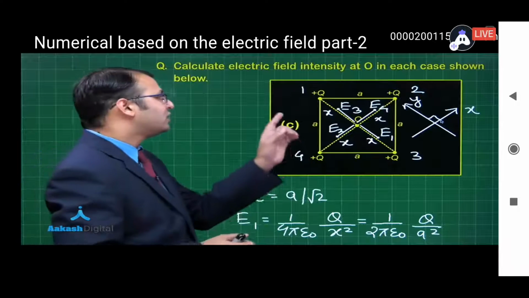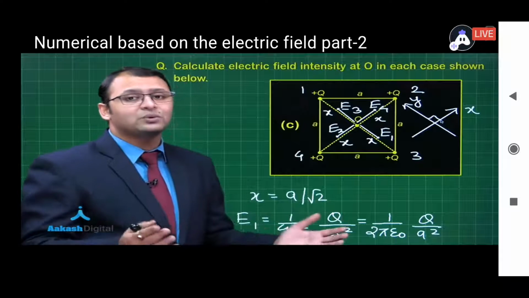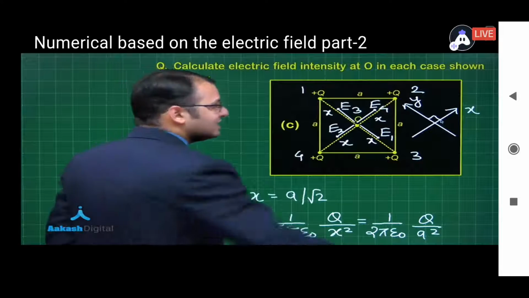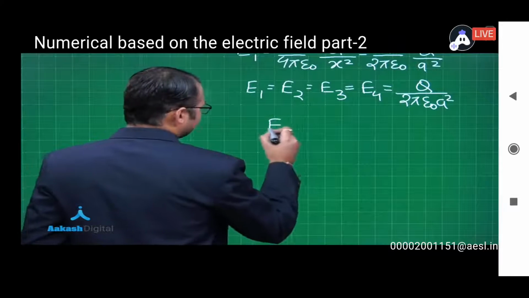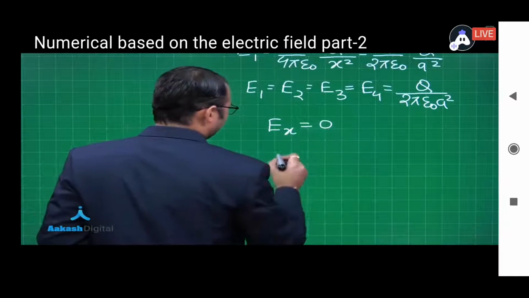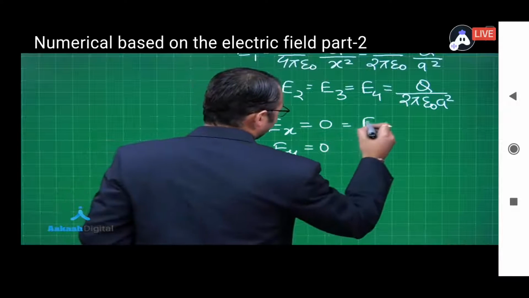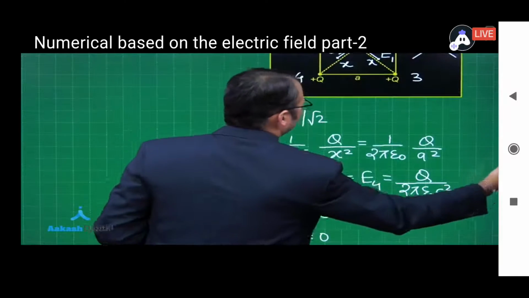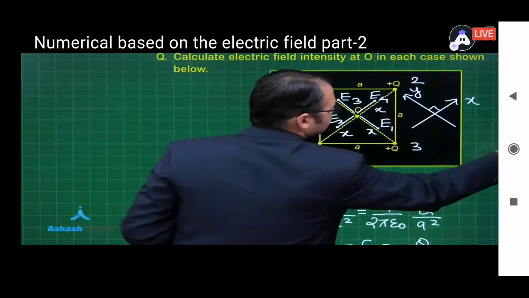And similarly E3 and E1 are lying along the y-axis and they are equal and opposite to each other. So again in this case, friends, you will find that Ex is 0 and Ey is 0, because this was E as per the diagram. You will see here E4 minus E2, and this is E3 minus E1.